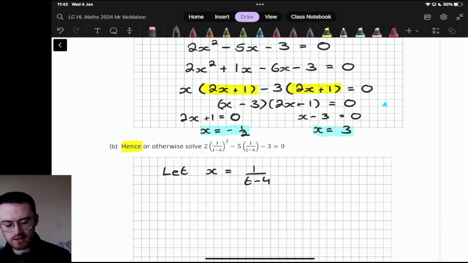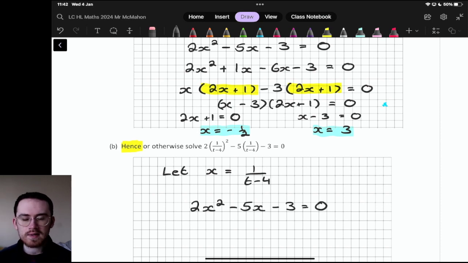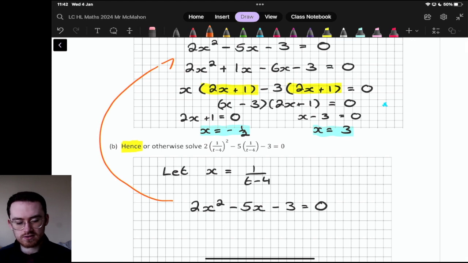By doing that, we are able to rewrite this equation as 2x squared minus 5x minus 3 is equal to 0. And what we can see is that that is now the same quadratic that we had in the first part of the question, the 2x squared minus 5x minus 3.